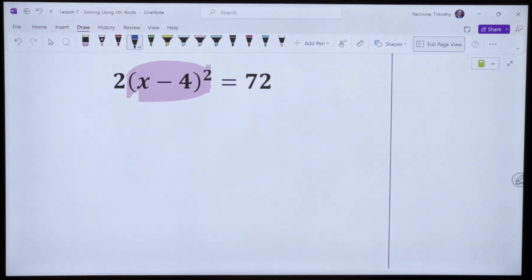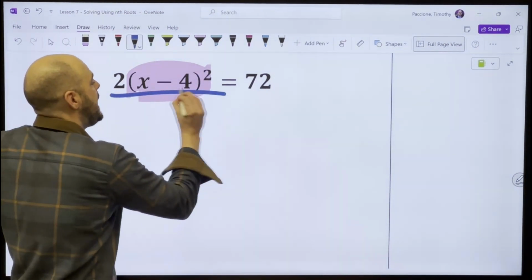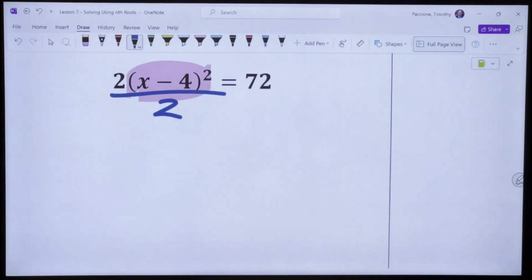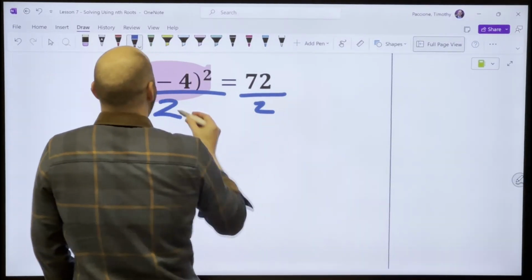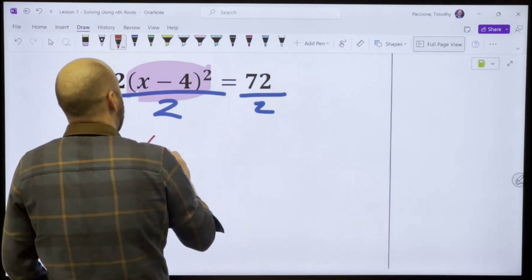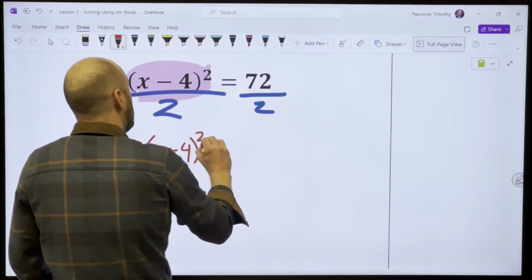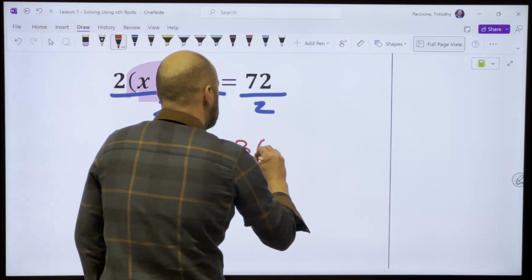Opposite, opposite. I need to do the opposite. We always do the opposite to isolate our variable or to isolate our power. I think that through. What's the opposite of this? Well, it's multiplying, so I'll do the opposite. Okay? So I do that, and I get x minus 4 squared equals 36.